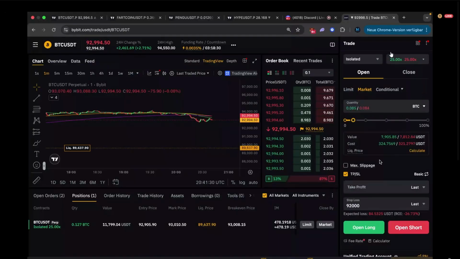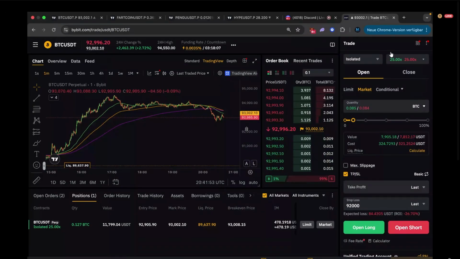Maybe you have only 2K on Bybit, 5K somewhere else, and 2K on your Solana wallet, whatever. If 10K is your total funds that you trade with, you still risk 1% here, guys. That's the usual way to trade and manage risk.